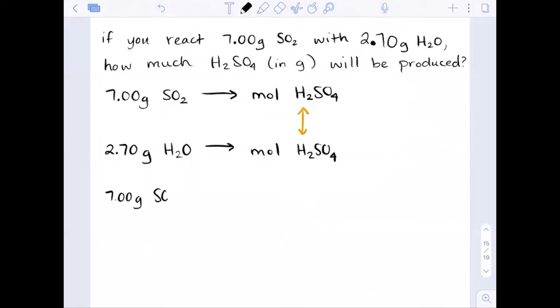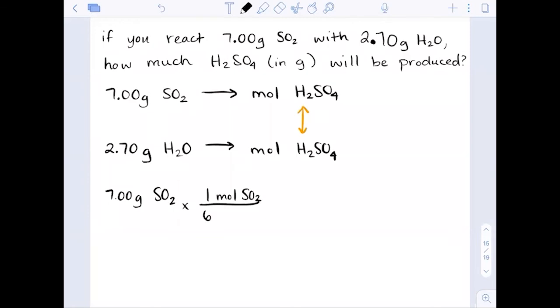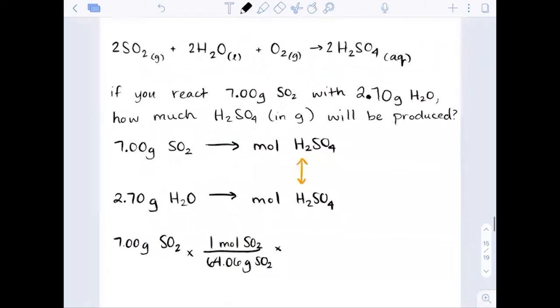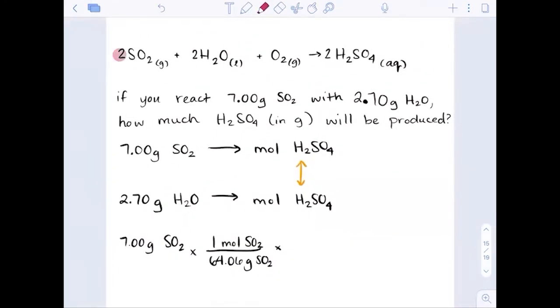7.00 grams of SO2. I need to convert it to moles. 1 mole of SO2 divided by its molar mass, which is 64.06 grams. Now let's go back to that balanced equation and look at our mole ratios. 2 moles of H2SO4 divided by 2 moles of SO2.